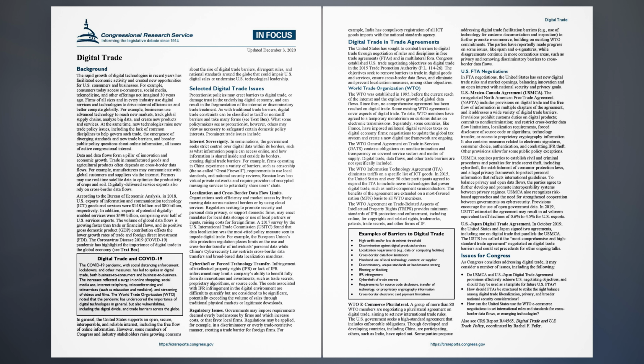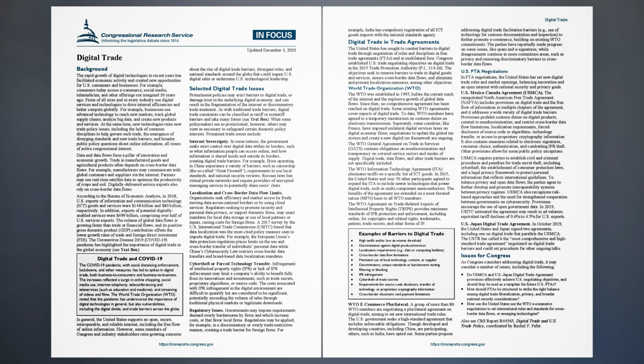Provisions prohibit customs duties on digital products, commit to non-discrimination, and restrict cross-border data flow limitations, localization requirements, forced disclosure of source code or algorithms, technology transfer, or access to proprietary cryptography information. It also contains measures related to electronic signatures, consumer choice, authentication, and combating IPR theft. Other provisions allow for some public policy exceptions.